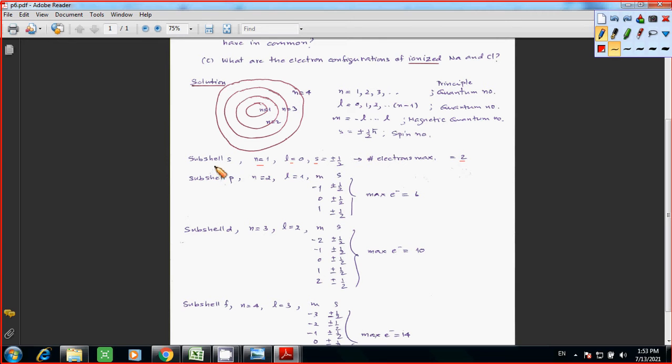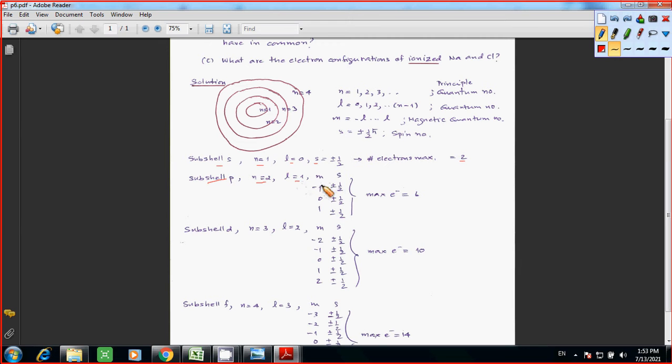That's for subshell s. Now for subshell p, you move to n equal to 2. This means your L goes from 0 to 1, but if you consider only subshell p, you have L equal to 1.